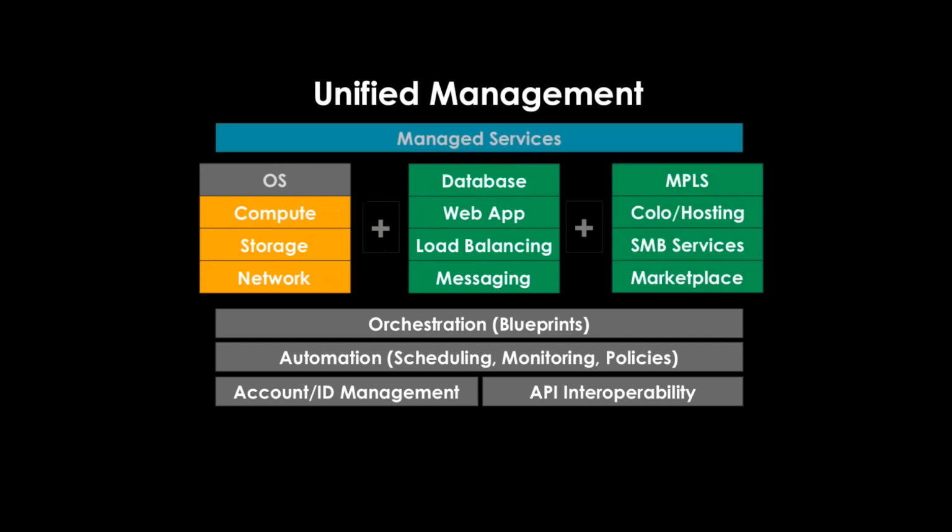Then as we take it a step further, when we add on managed services and bundle in things like our MPLS and the colo, and then our marketplace feature, where we're working with a lot of partners to build out services and make them available in our cloud, then you suddenly have a very compelling story of the ability to work with lots of different services and lots of different products and do that with a single vendor.